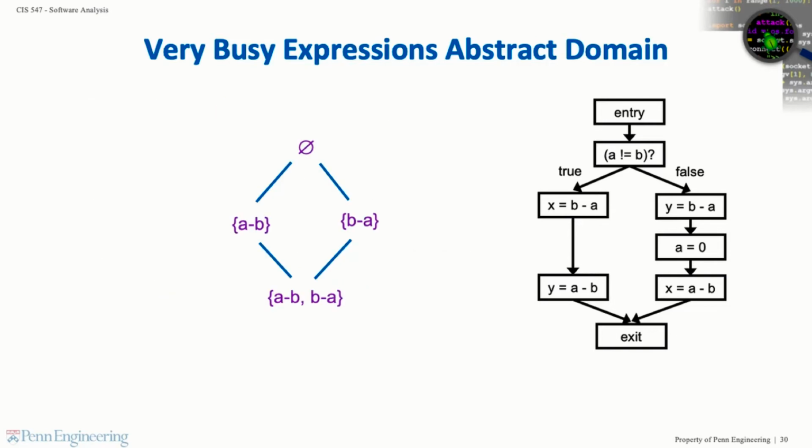Here is a visualization of the abstract domain for very busy expressions analysis on our example program. Again, the nodes are abstract values, and the edges represent the reverse set inclusion partial order between them. The bottom node, the set of all expressions, is the most precise, and the top node, the empty set of expressions, is the least precise.